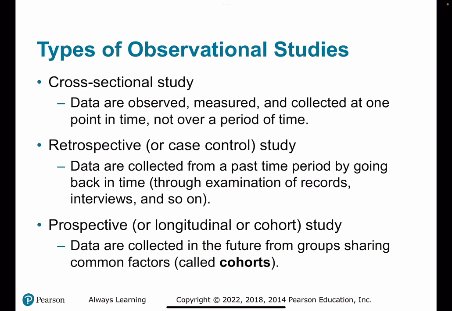All right, types of observational studies. So there's three. Well, we're not going to do much with this, but I think it's interesting to look through these. So the cross-sectional study is when you observe data at one point in time. So really the key here to understanding these three types of studies is time.